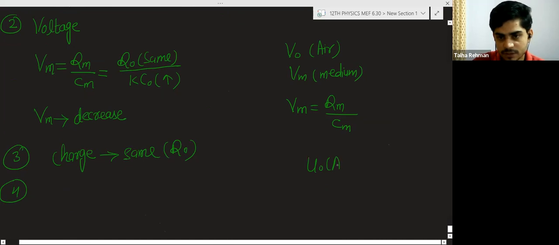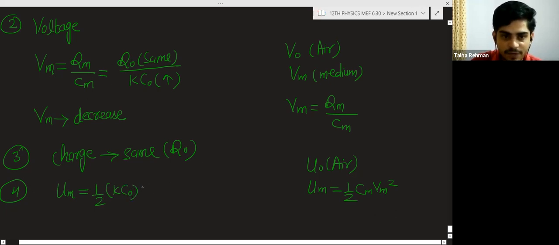This is the energy in air, and this is the energy in medium, given by half Cm into Vm whole square. So Um is equal to half, Cm is K times C naught, and Vm, from here I can write the value of Vm, is Q naught divided by K times C naught.